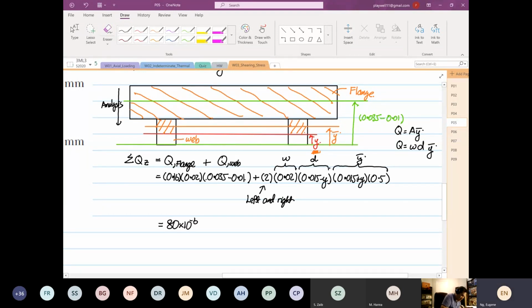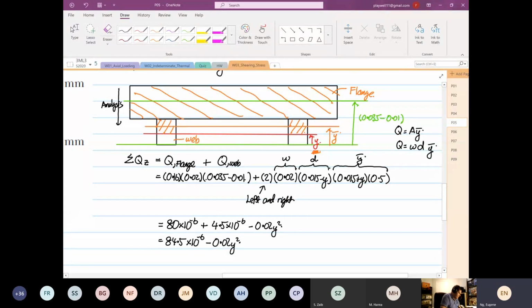Okay, plus 4.5 times 10 to the power minus 6 minus 0.02 y squared. So this will be equal to 84.5 times 10 to the power minus 6 minus 0.02 y squared.